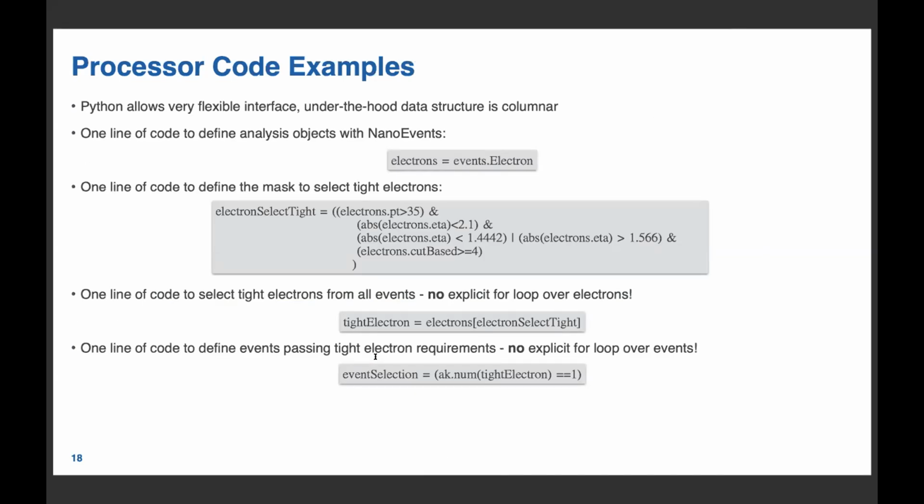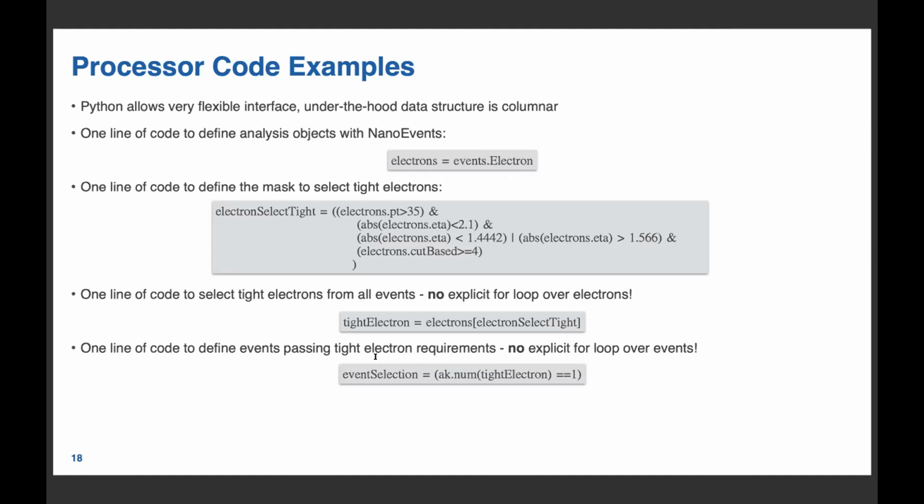This leads to a quick processor code example. Before it was only a sketch, here is a real example of how easy it is to write a quick analysis in Coffea once you rely on the different concepts and classes implemented in it, and on the NanoEvents functionality. You can load information of the electrons using the NanoEvents functionality that I just described, and you can mask them the way I described before.